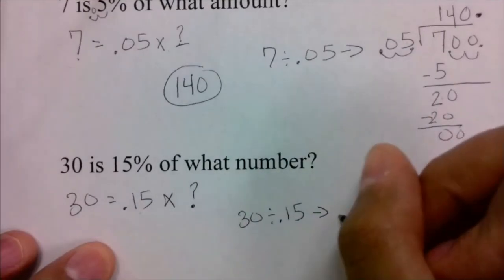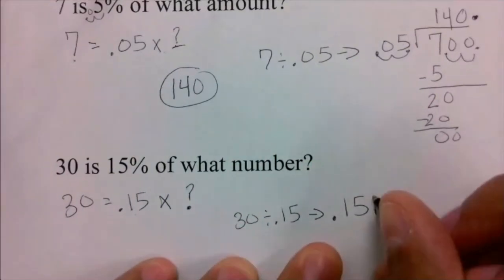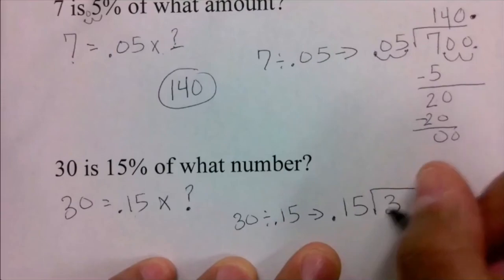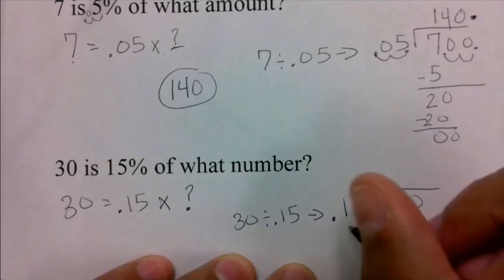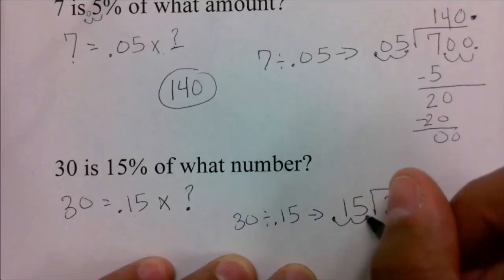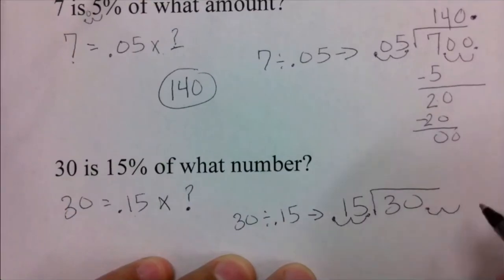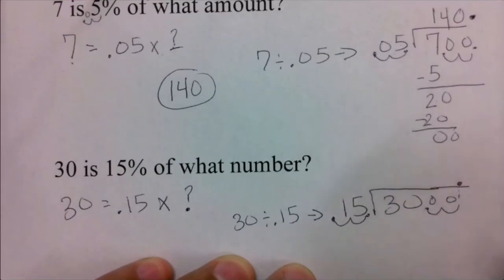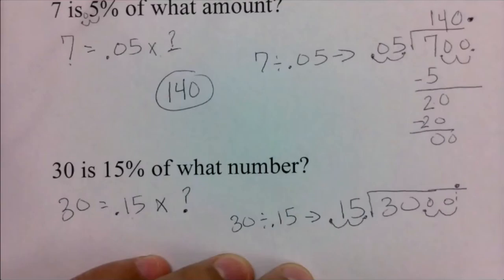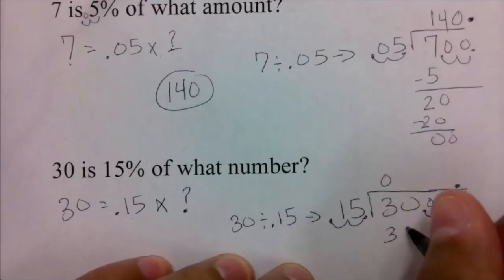All right, so 0.15 is outside of the box. 30 is inside. Can't divide by a decimal, so we have to move our decimal point in twice. So we do the same thing here. Move our decimal point to the right twice. And then plant our decimal point. So we know 15 can't go into 3. That's a 0 there. So I've done a 3, and then a 0.